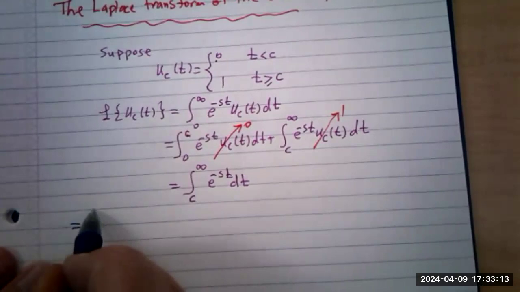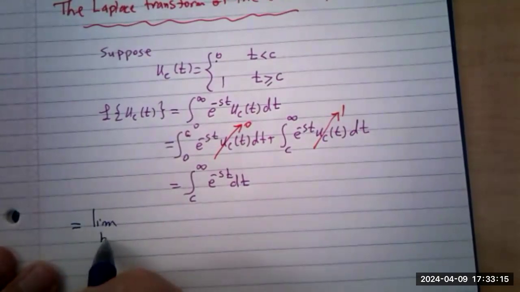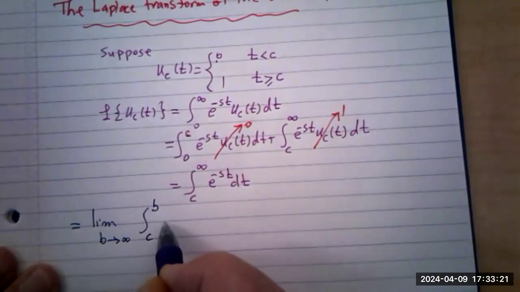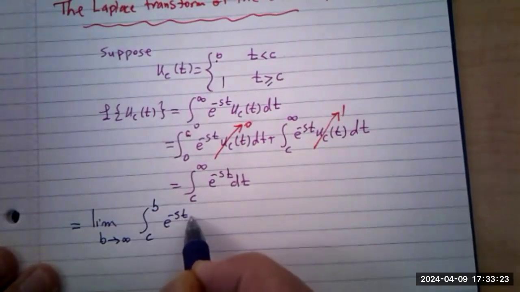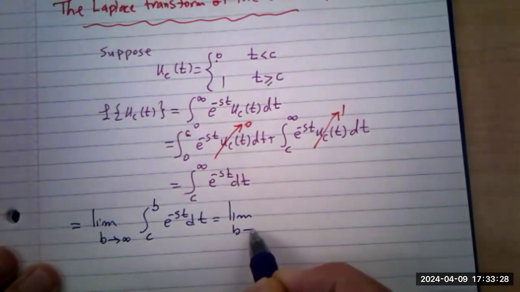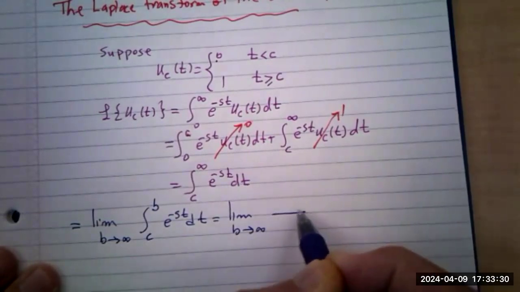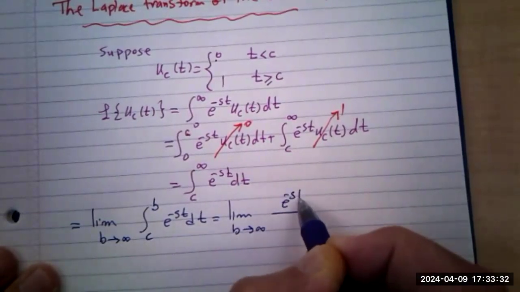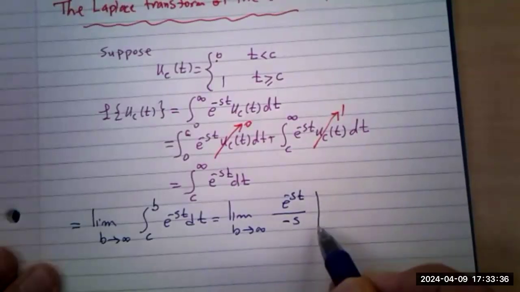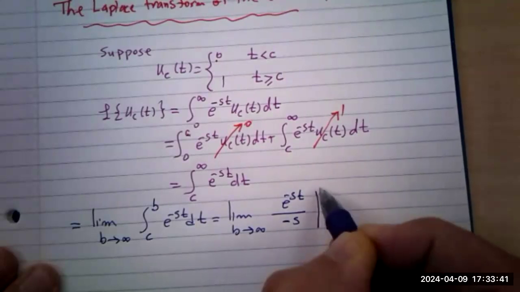So it's going to be equal to the limit as b goes to infinity of the integral from c to b of e to the negative st dt. Integrate: it's going to be e to the negative st over negative s, when t goes from c to b.